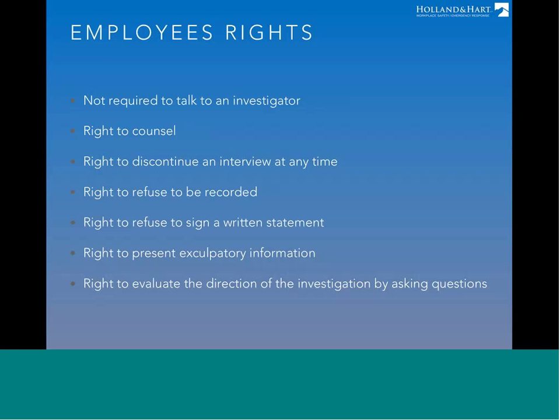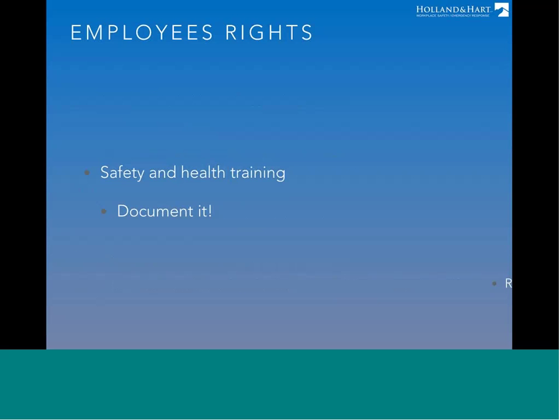The employees have the right to present exculpatory information to OSHA, and they have the right to evaluate the direction of the investigation by asking questions. So certainly your employees and the employer generally have significant rights with respect to an OSHA inspection. It is an important part of your safety training to make sure that you communicate those to employees in advance.